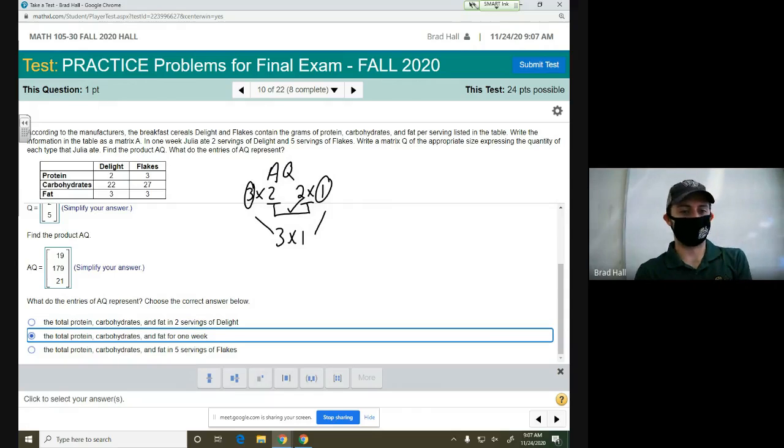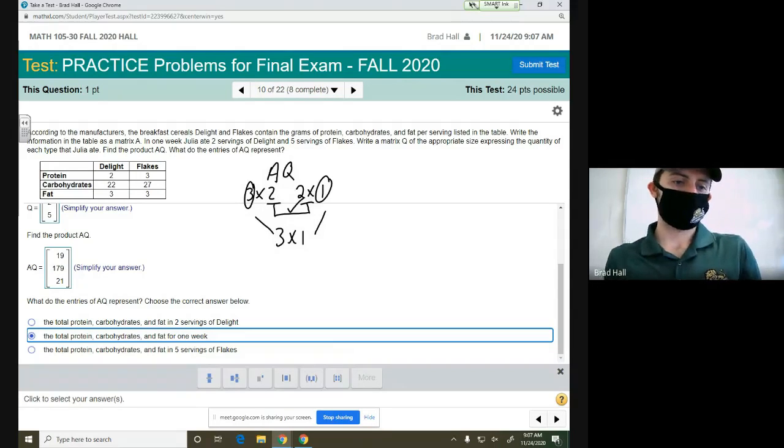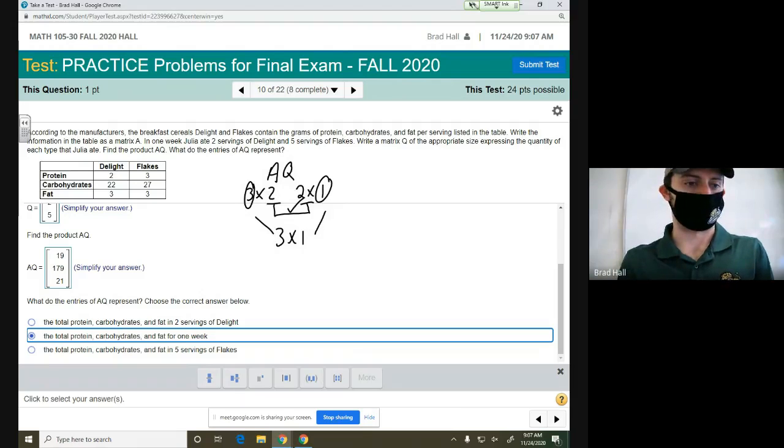It's not just figuring out 2 servings of the Delight cereal, as they call it, or 5 servings of the Flakes cereal. It's actually determining both of those in consideration because our matrix Q had both 2 and 5. So I choose the middle option.